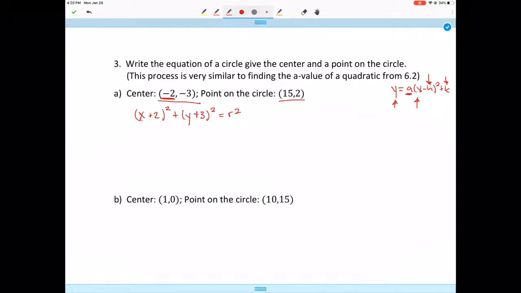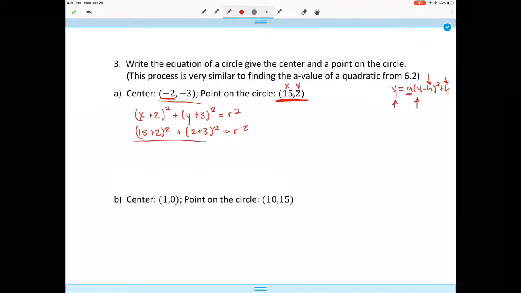This point on the circle will give us our x and y. So we plug those in, we'll get 15 plus 2 squared plus 2 plus 3 squared equals the radius squared.